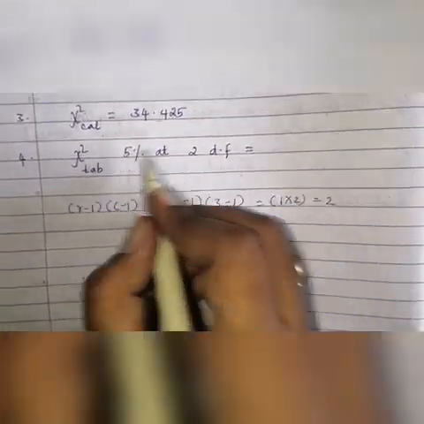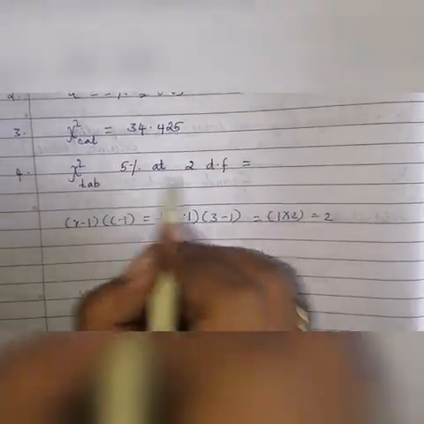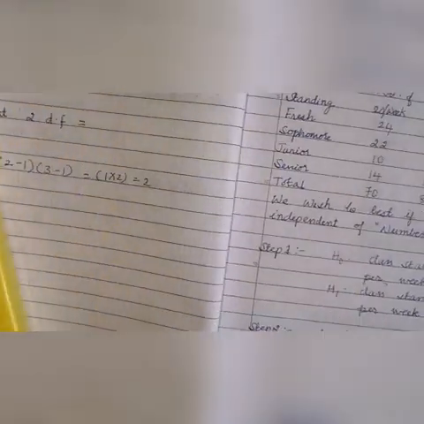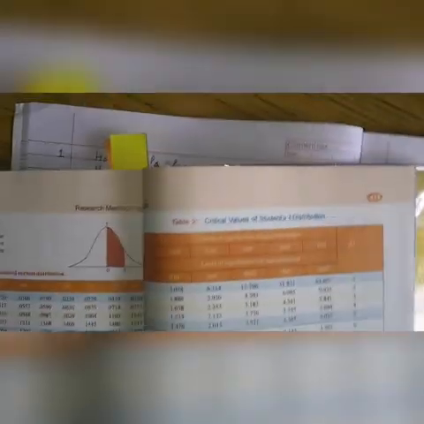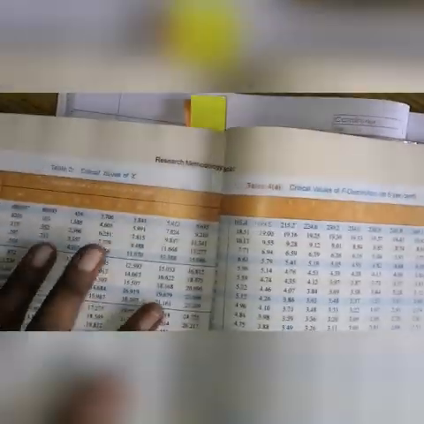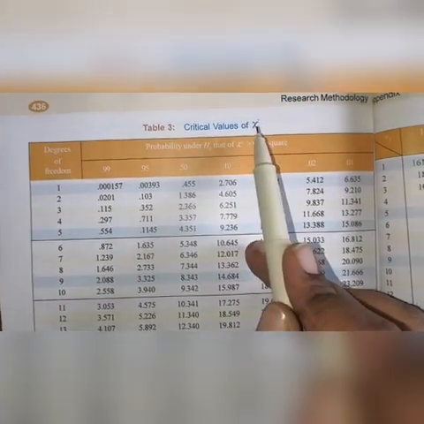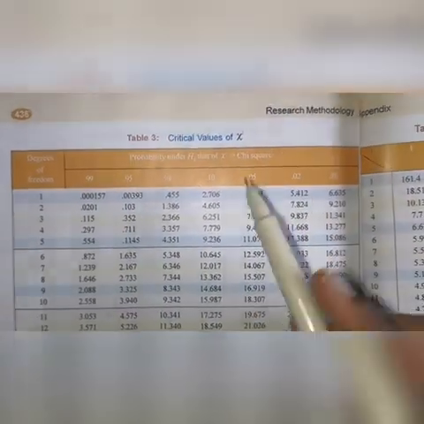Now you have to check these values in the table and write the tabulated value. Okay, so this is your table of critical values for chi-square.